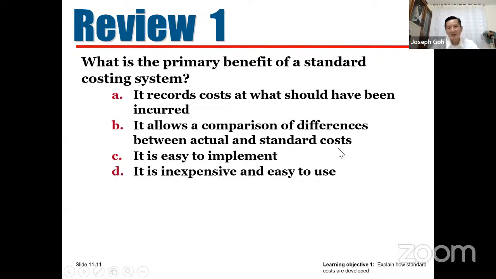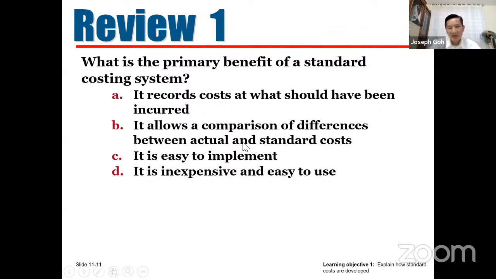Okay, what does it mean? Why do we do a standard cost? Because we believe that should be the right, accurate cost to produce a particular product. Let's say in this example the particular product is the iPhone. The management believes producing the iPhone should cost 3,000 per iPhone.